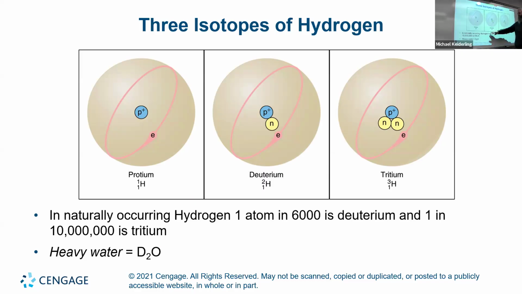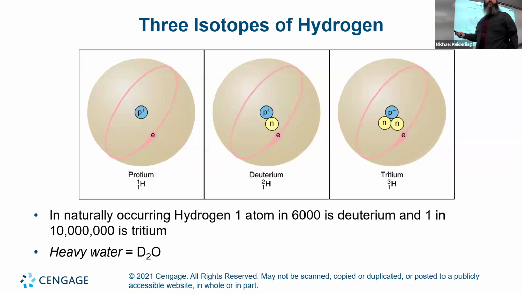And in naturally occurring hydrogen, 1 atom in 6,000 is deuterium. And that's not really going to change because deuterium is stable. And then 1 in 10 million is tritium. And the reason tritium is so much rarer than deuterium is, at least partially, because tritium is unstable. It decays over time.